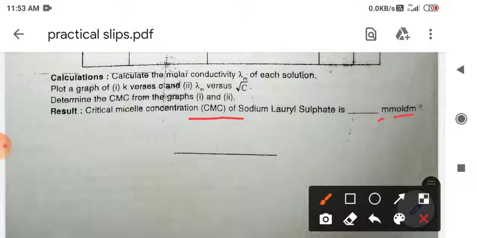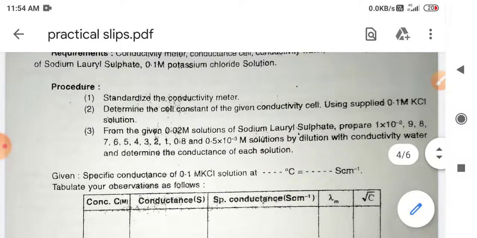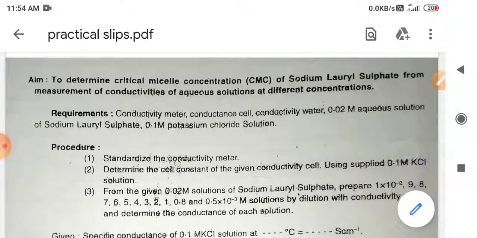Around 4 to 5 millimoles per dm cube is the expected critical micellar concentration for this particular experiment. Okay, so here we are using the conductivity cell, so this is an instrumental type of experiment.